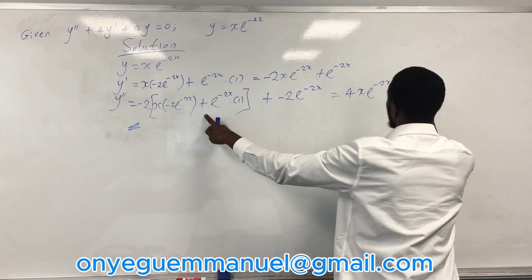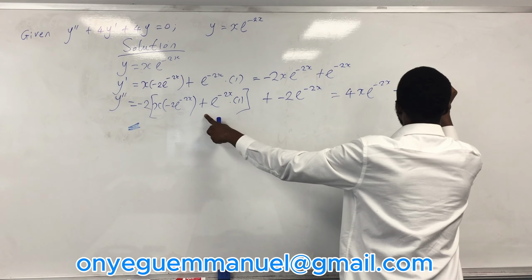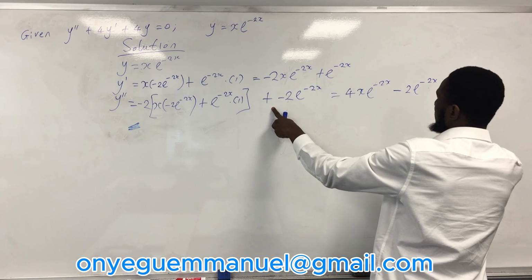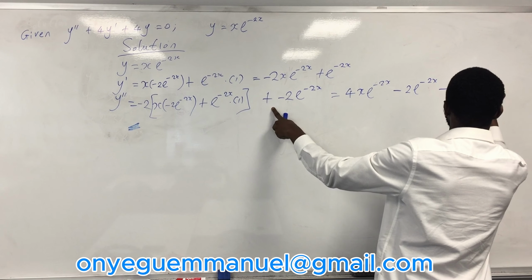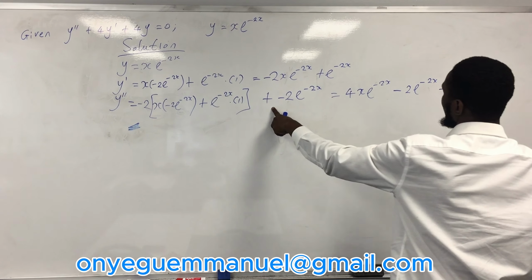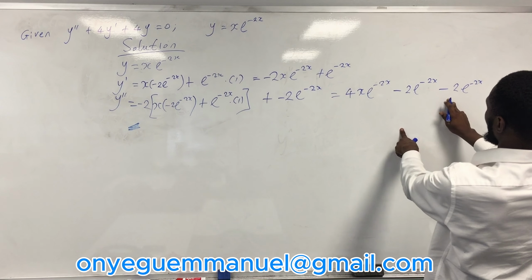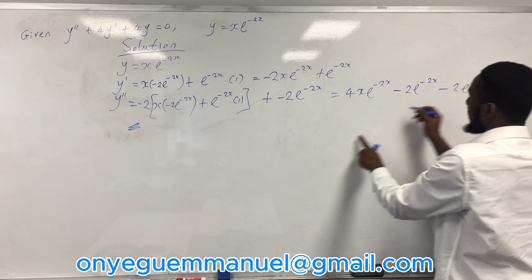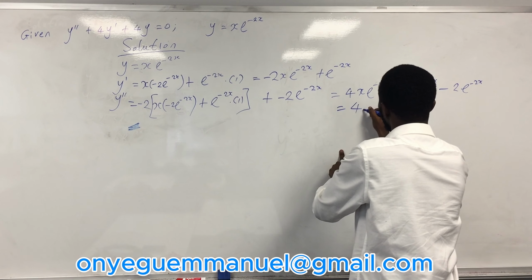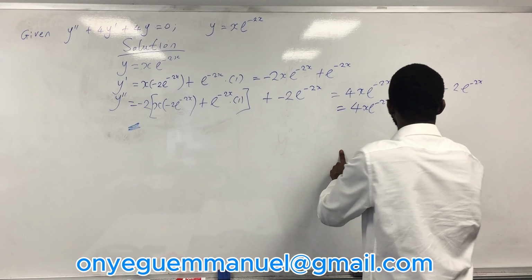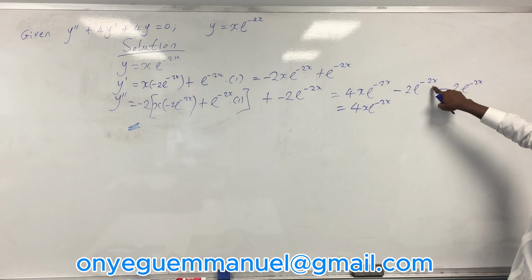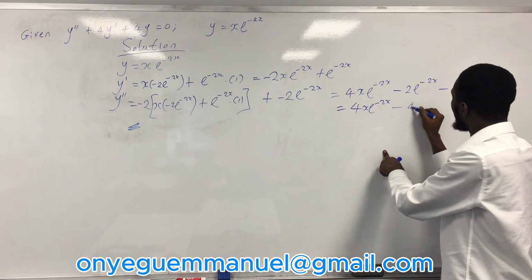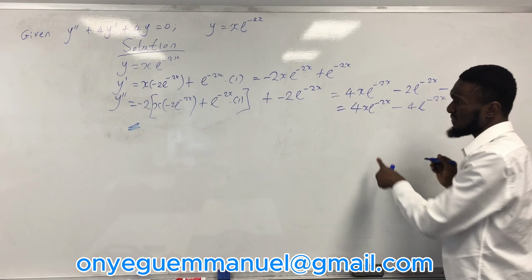You have minus 2 exponential minus 2x, minus 2 exponential minus 2x. We can simplify this further to get 4x exponential minus 2x. But since we have minus 2 exponential minus 2x here and the same thing here, you bring them together, it will be minus 4 exponential minus 2x.